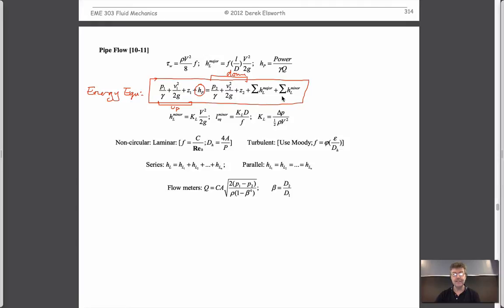So minor losses would be bends and fittings, so faucets and bends in pipes. Typically these are just defined as the head loss equal to some constant, a loss coefficient, K sub L, V squared over 2g. V is the average velocity in that fitting, typically. So you see that here.